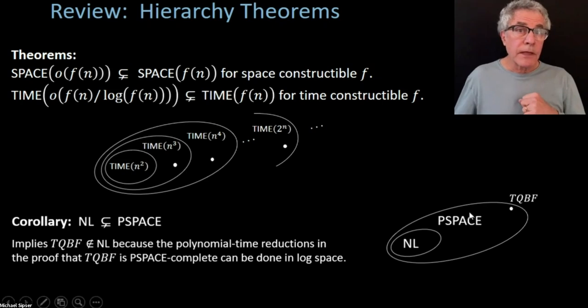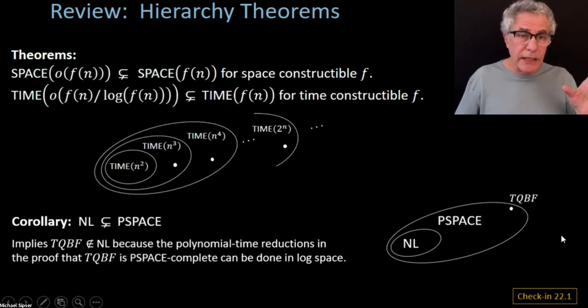And therefore, if TQBF turned out to go down to NL, then because everything in P-space is log space reducible to TQBF, that would bring all of P-space down to NL. But that we just proved is not the case. So therefore, TQBF could not be in NL. Okay, and we're going to be using that kind of reasoning again in this lecture.